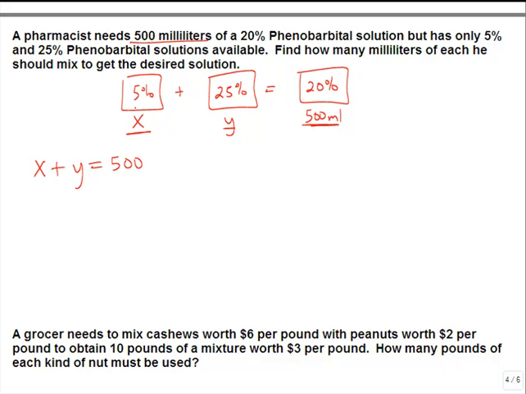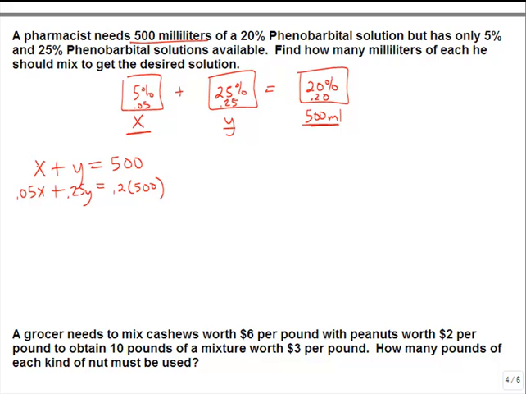So we're going to do 0.05 times the amount X plus 0.25 times the amount Y. And that concentration needs to equal this rate, 0.2 times 500. So rate times amount plus rate times amount equals rate times amount. So here's my second equation right here.